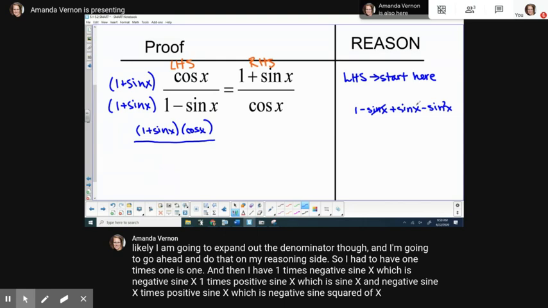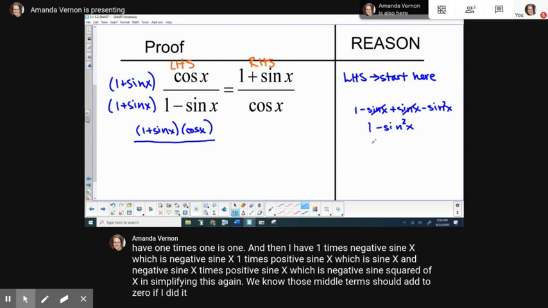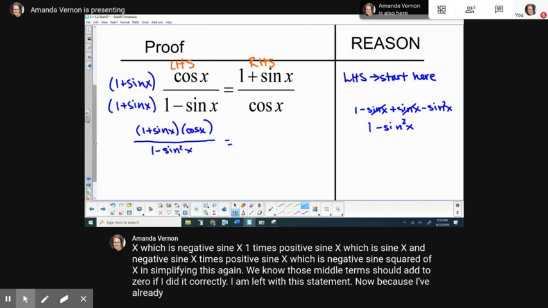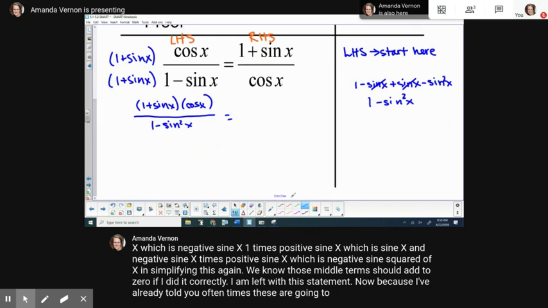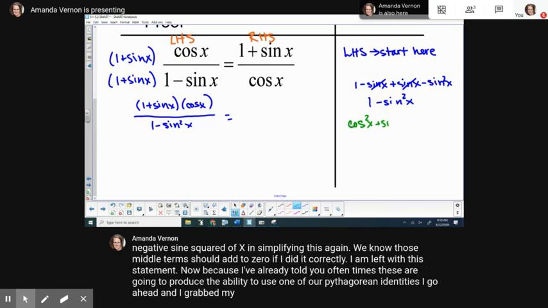In simplifying this, again, we know those middle terms should add to 0 if I did it correctly. I am left with this statement. Now, because I've already told you, oftentimes these are going to produce the ability to use one of our Pythagorean identities. I go ahead and I grab my Pythagorean identity that has a sine squared in it.